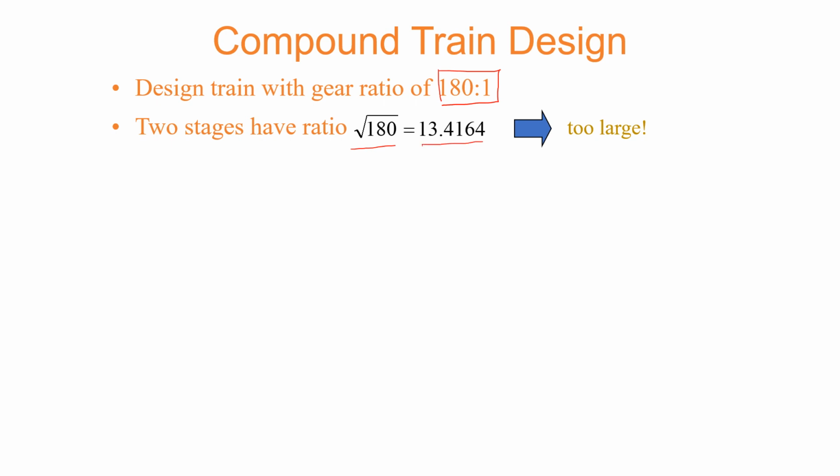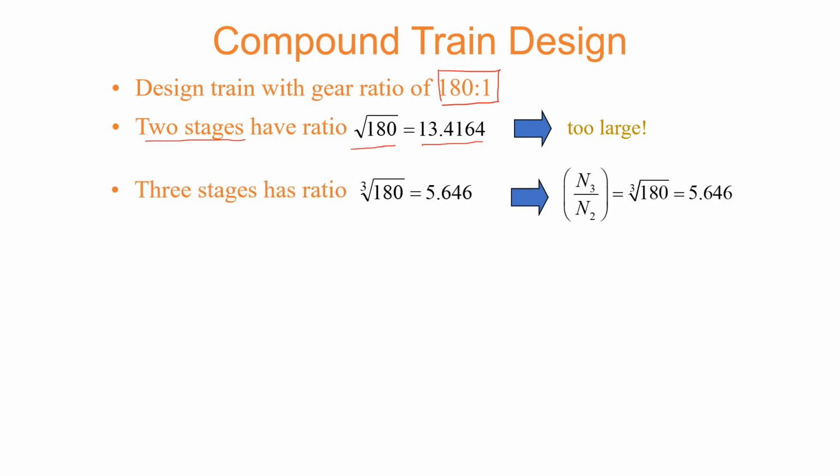And it would mean that if you provide 1 as the input, the output is going to be 13 times higher. It depends on the ratios to discuss the speed or the torque alternatively. But 13.4 is a big number. We can all agree to that. So it would mean that the 2-stage arrangement is not going to be that possible. So let's move on and assume that you can have 3 stages.